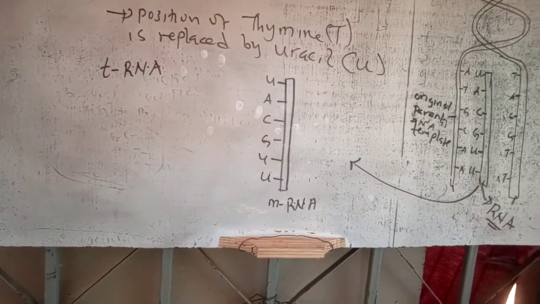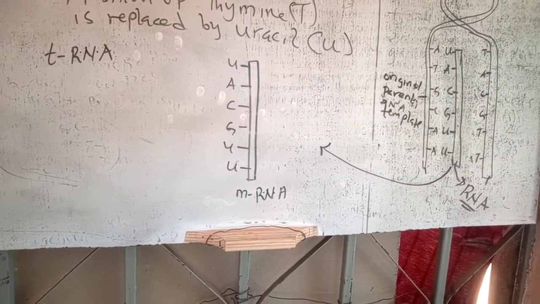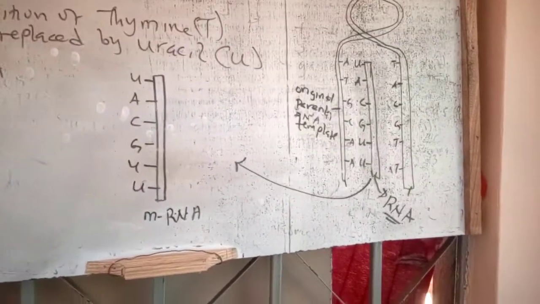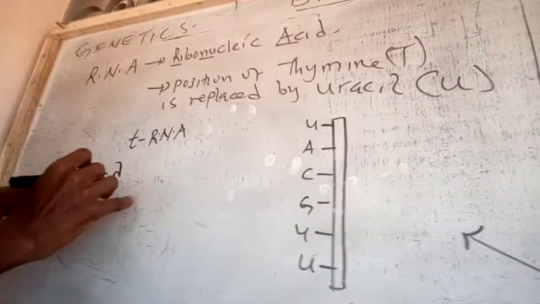Having said that, it is very important to know that the nitrogenous bases occur in triplets, in a group of three, and the group of three is what we refer to as a codon.